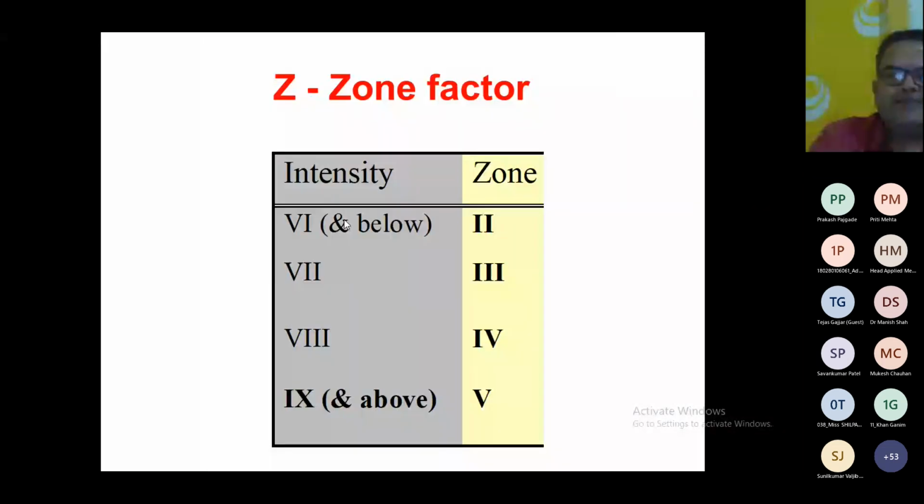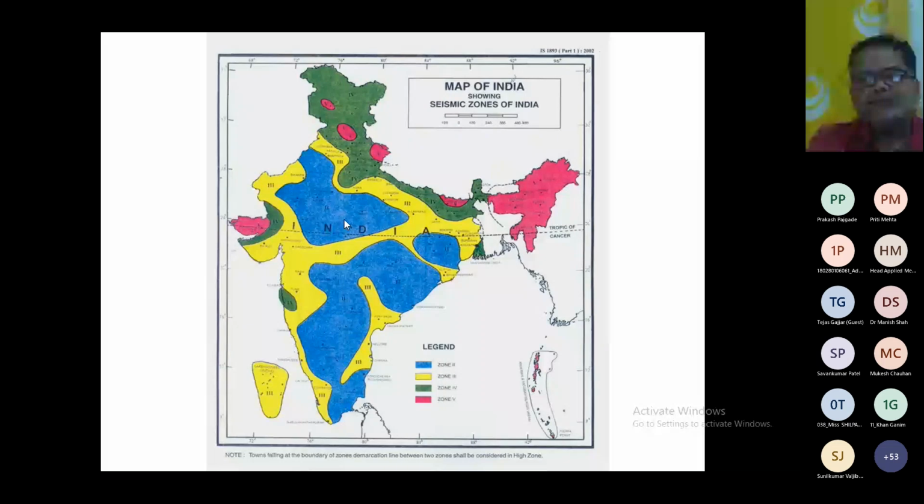The same way, Bhuj in Kutch is in zone 5. If I'm talking about the northeast states like Mizoram, Manipur, Nagaland, they are in zone 5, right? This red part is zone 5. So we have to take the value of zone 5.